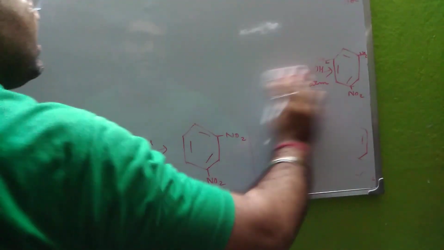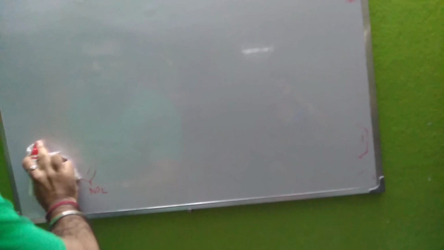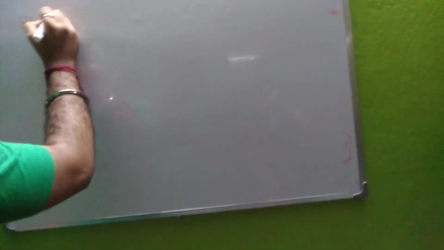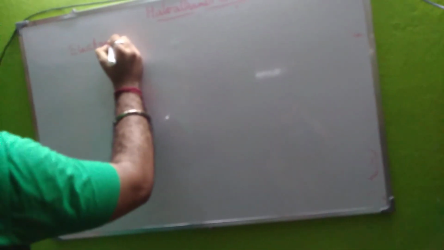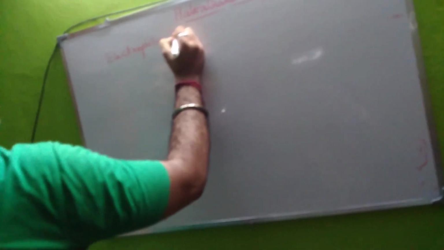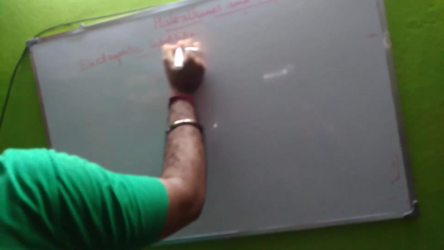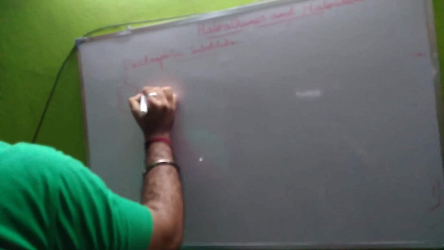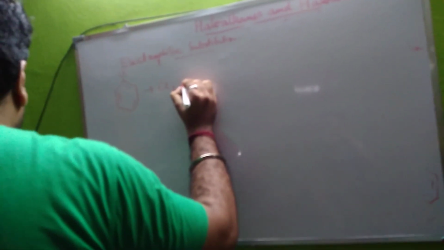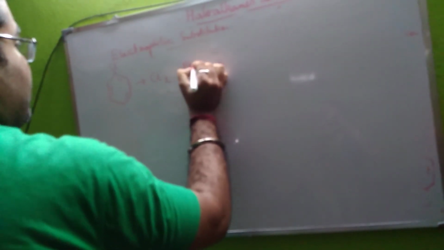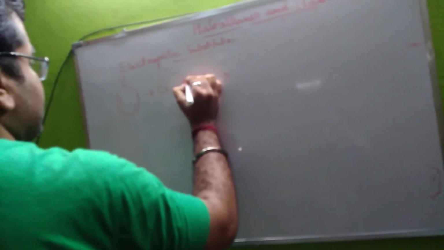Now we will be discussing the next topic, that is electrophilic substitution reaction. Over here you can see that when chlorobenzene reacts with chlorine, or chlorination is being done in the presence of anhydrous FeCl3, it's a Lewis acid.